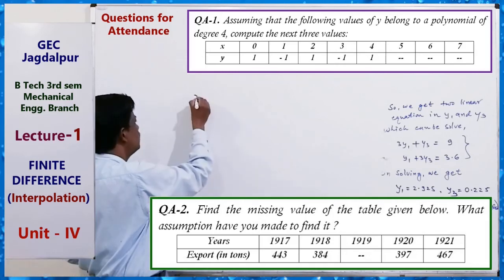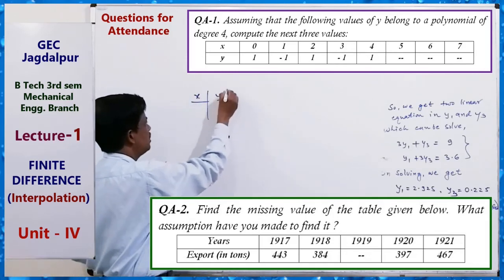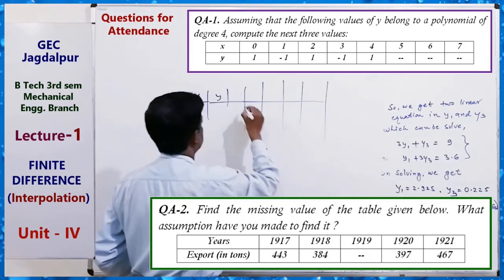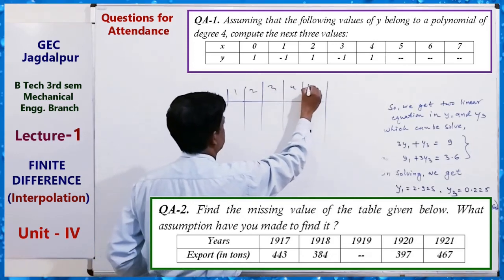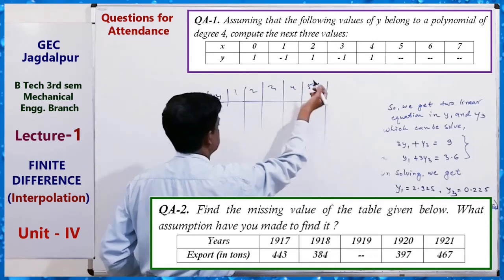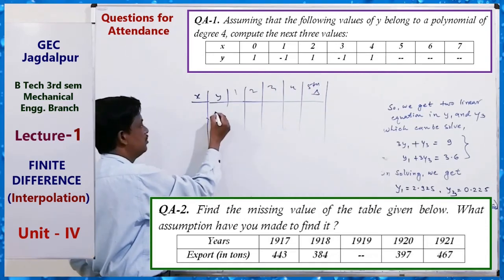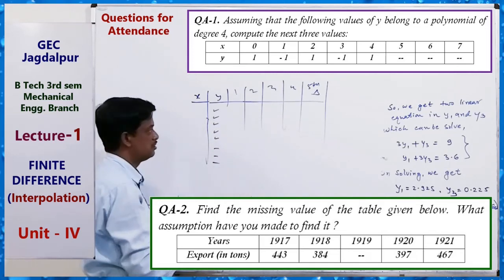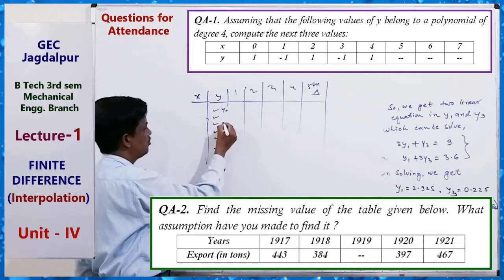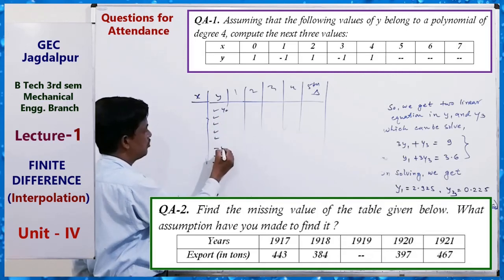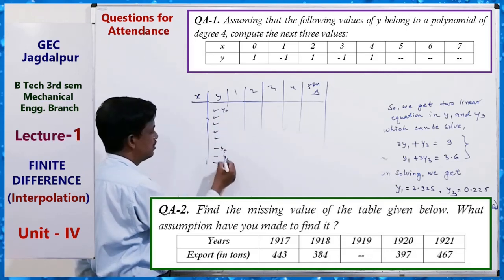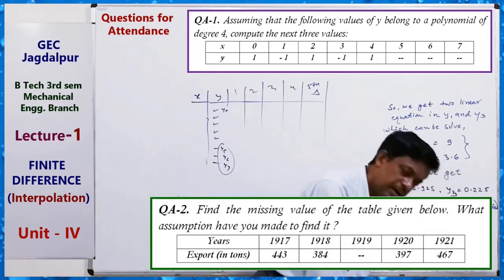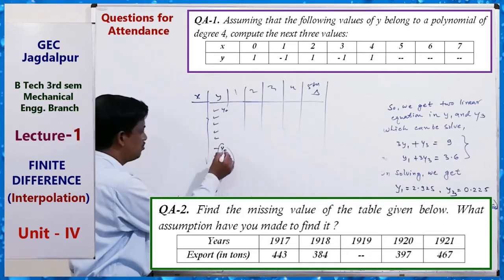So make the table x, then y, and then the difference table: first, second, third, fourth, fifth differences. Values are given for y0 to y4, and we have to find the values of y5, y6, y7.